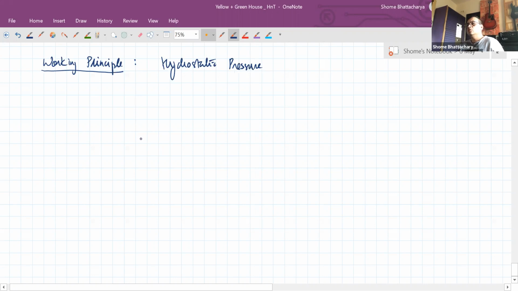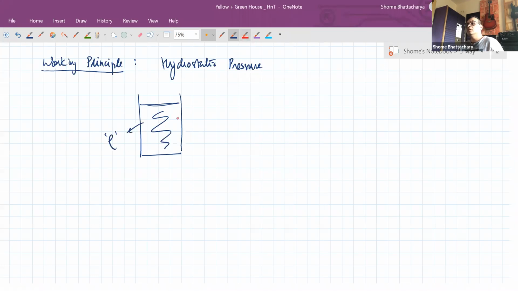Okay. So if we have a container having fluid of density rho, then if we select any 2 points such that one is deeper by a depth of h, then we know that the pressure at the lower point will be equal to the pressure at the higher point plus rho gh.